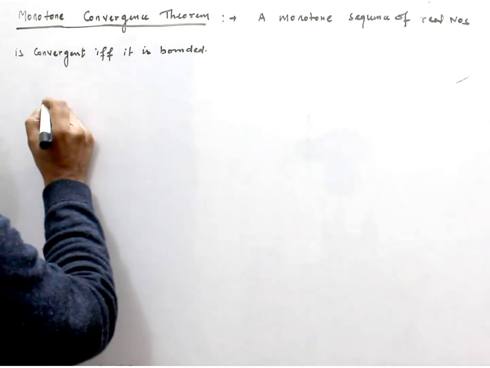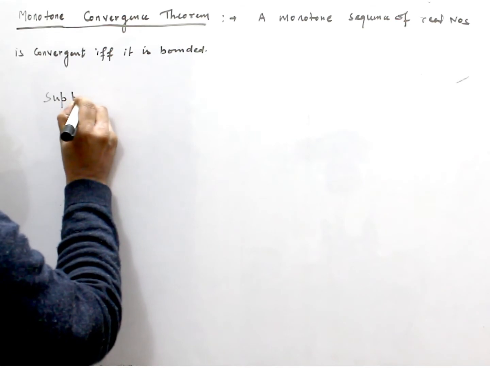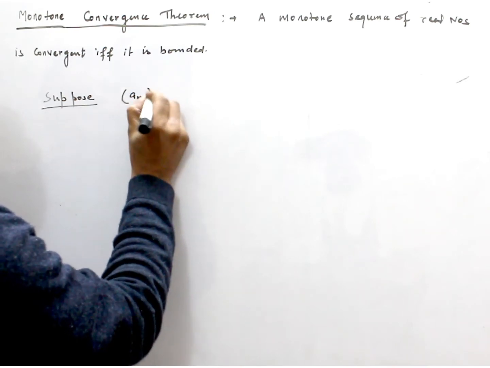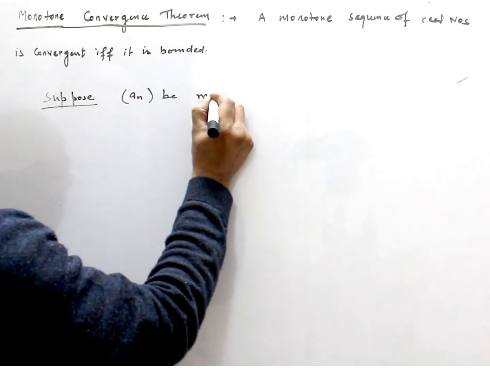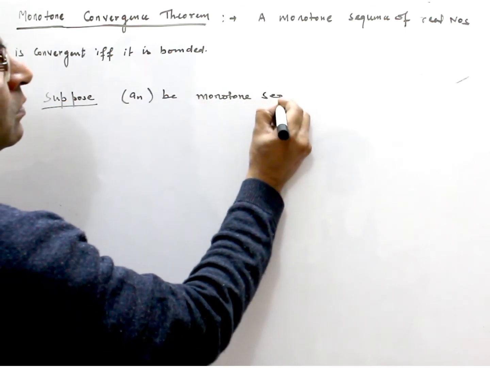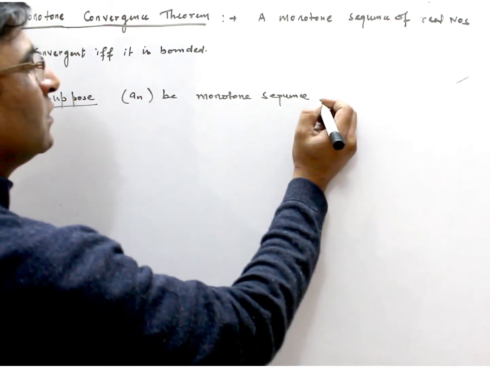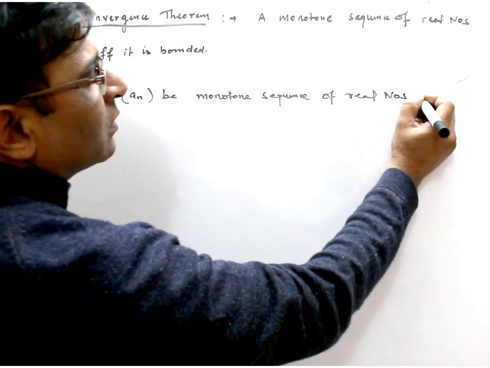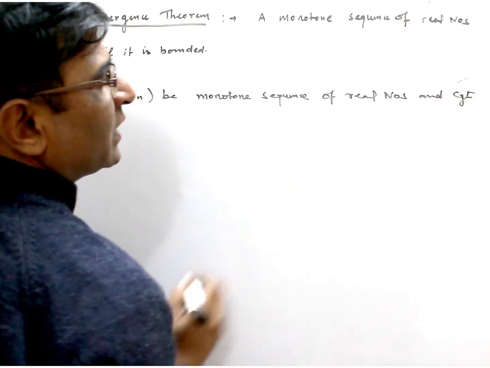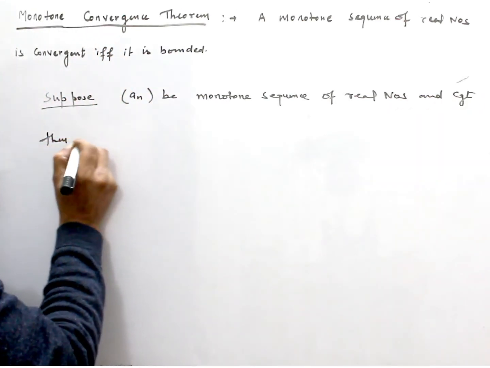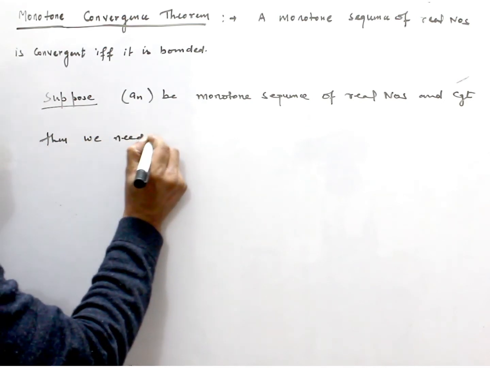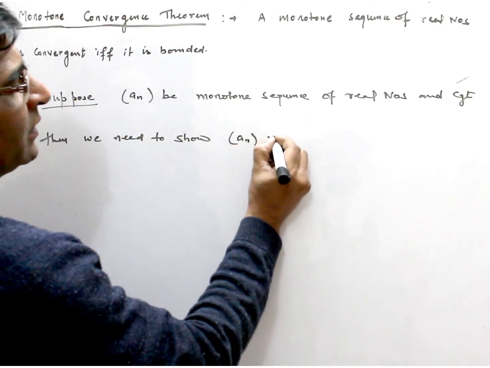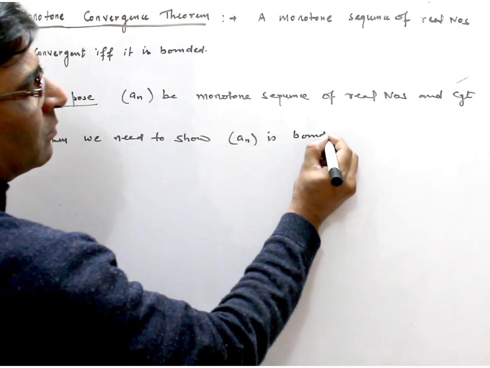So suppose An is a monotone sequence of real numbers and convergent, then we need to show An is bounded.